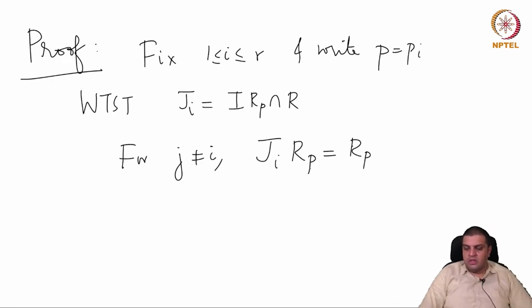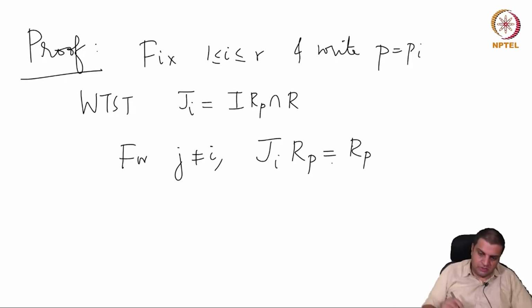Remember P is a minimal prime, and Ji having this property means that its radical will contain an element which is not inside P. Therefore, it will contain an element which is not inside P, because the complement of P is multiplicatively closed, and therefore when you invert the complement of P, something inside Ji would get inverted and it will become the whole ring.